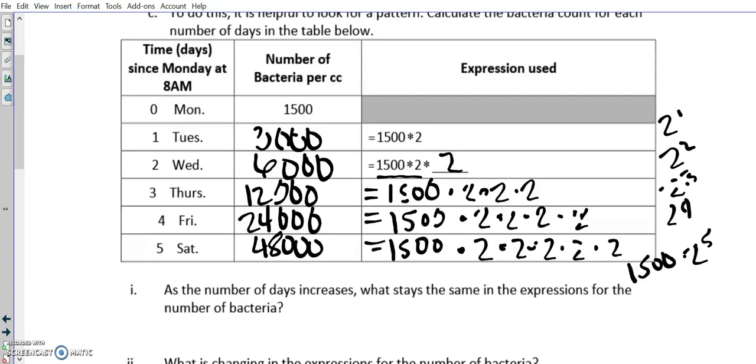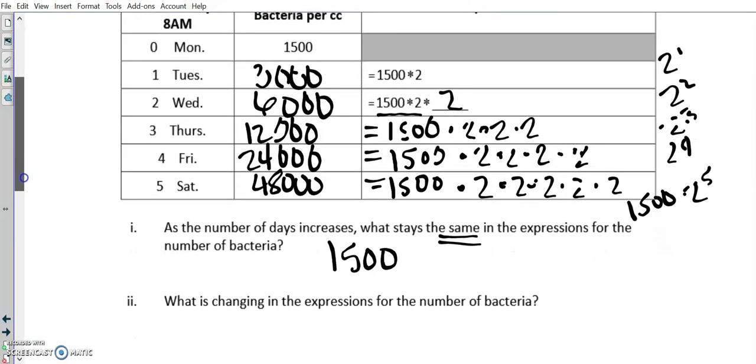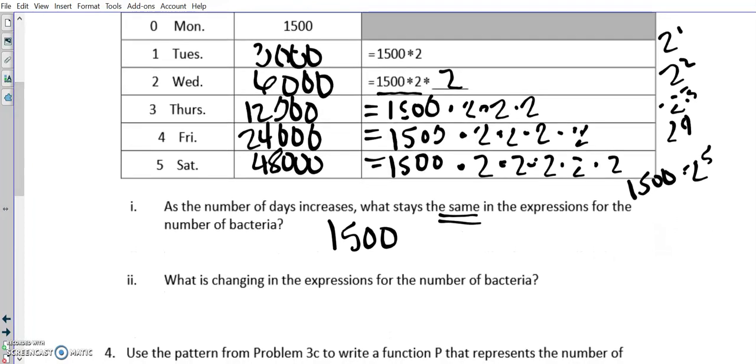So if we think about it, our initial value and the thing that stays the same, keyword, in the expression for the number of bacteria is always what we started out with, our 1500. And then we always doubled, but what is changing is actually the exponent of 2. So what we raised 2 to a power of, right?